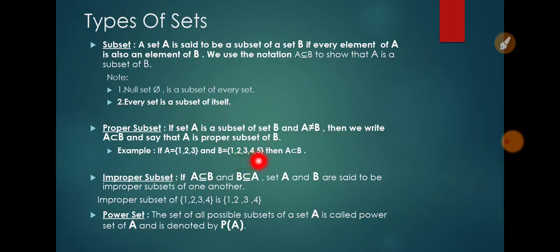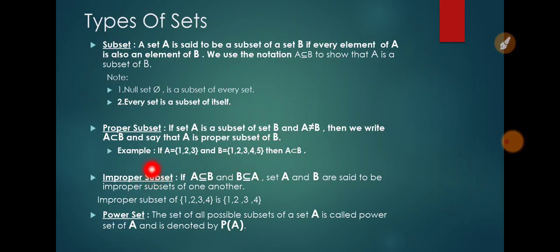There are 4 and 5 as well. So, if set A is a subset of set B, plus the second condition, A is not equal to B, then we say that A is a proper subset of B.